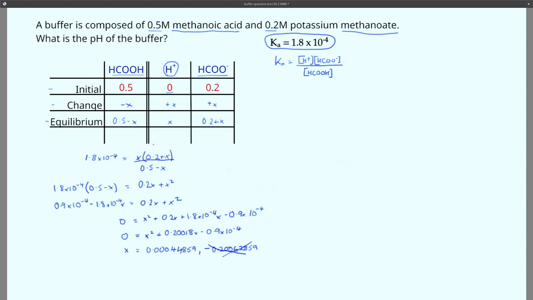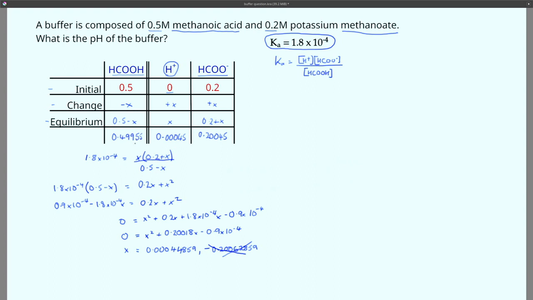And I'm going to round that up and put that in here because this is x as well. So let's round it up. 0.0004, which means that this value is 0.20045, and this one, 0.5 minus that number, is 0.49955.